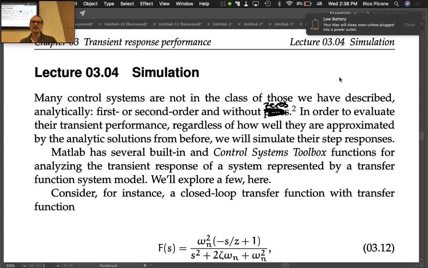Oh, my battery is going. Shoot. Pause. Let me grab my charger.